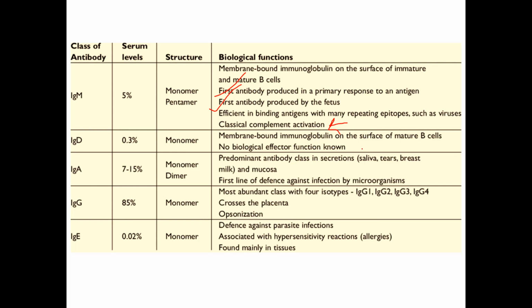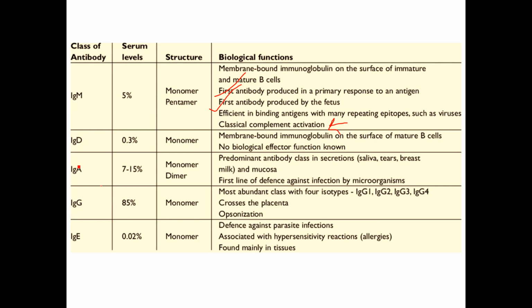Next, we have IgA, which is present at a serum level of 7 to 15%. Structurally, it can exist as a monomer as well as a dimer because it has a joining chain. It is the predominant antibody class present in the secretions. What type of secretions? We can have saliva, tears, breast milk, and mucosa. So whatever mucosal secretions are there, this antibody IgA will be present.